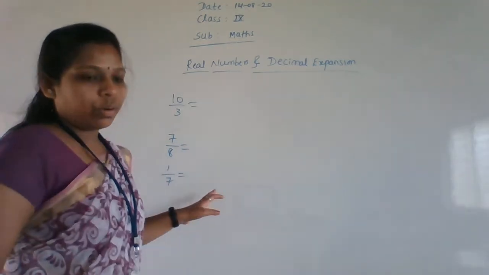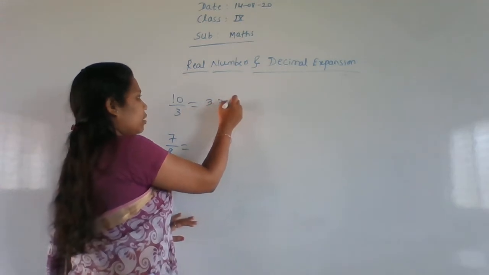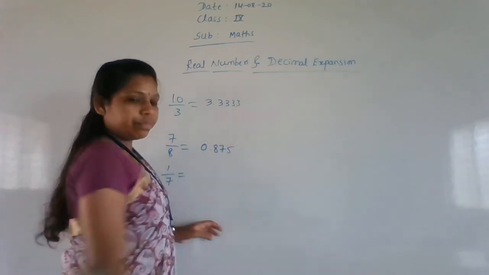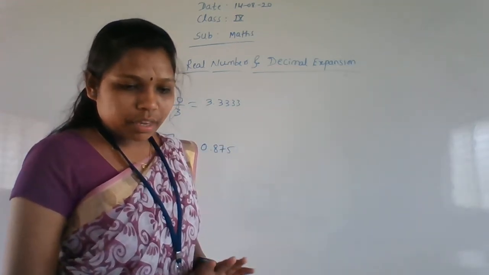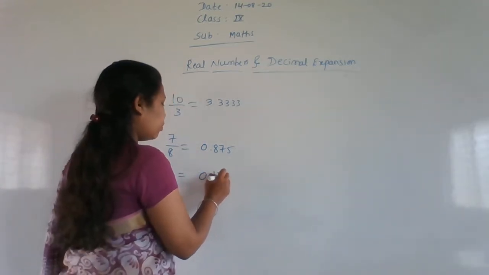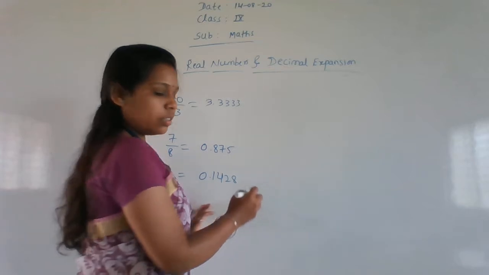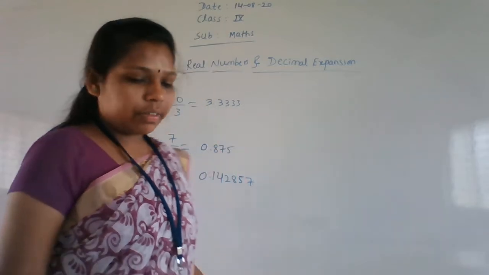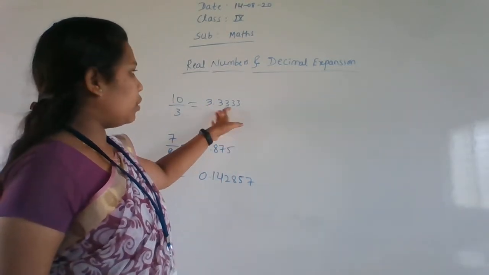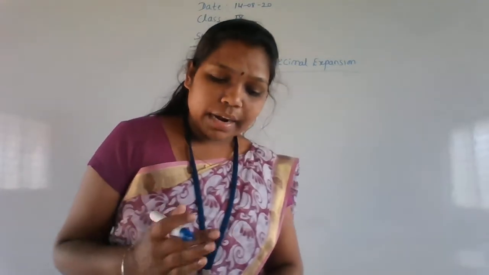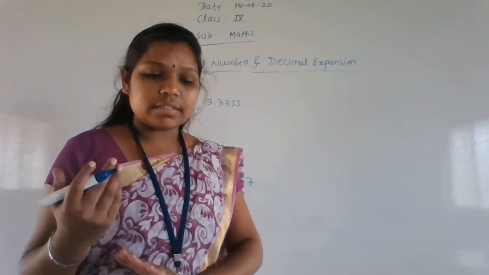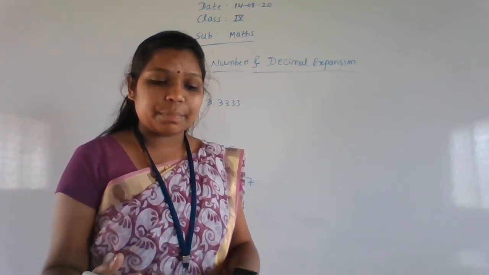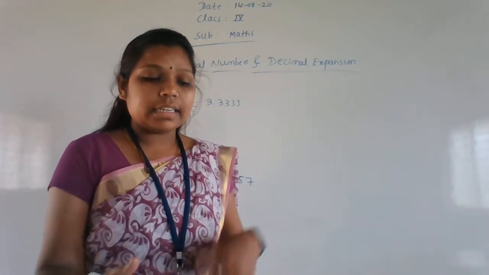I'll write the answers only. Here 10 by 3 is 3.333 like this, this one is 0.875, and the next one is 0.142857, which is repeating. Here the remainder either becomes 0 after a certain stage or starts repeating itself. The number of entries in the repeating string of remainders is less than the divisor.